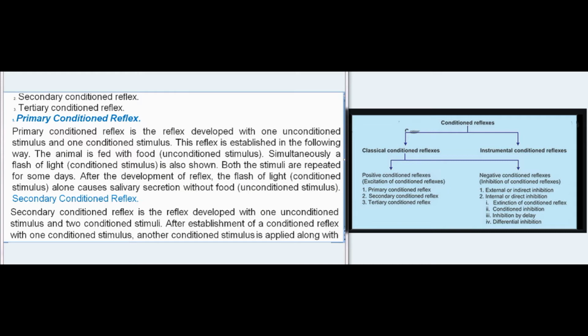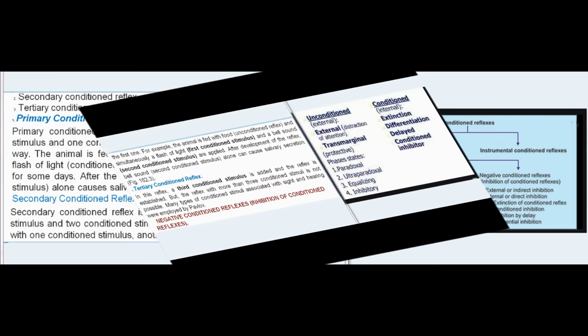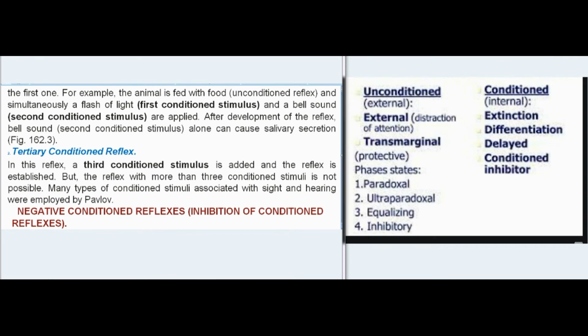Secondary conditioned reflex. Secondary conditioned reflex is the reflex developed with one unconditioned stimulus and two conditioned stimuli. After establishment of a conditioned reflex with one conditioned stimulus, another conditioned stimulus is applied along with the first one. For example, the animal is fed with food, unconditioned stimulus, and simultaneously a flash of light, first conditioned stimulus, and a bell sound, second conditioned stimulus, are applied.